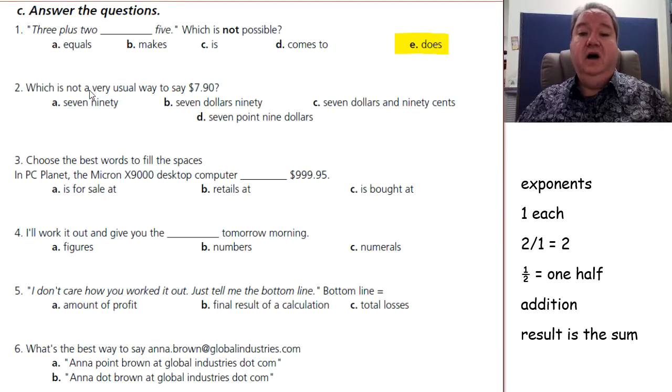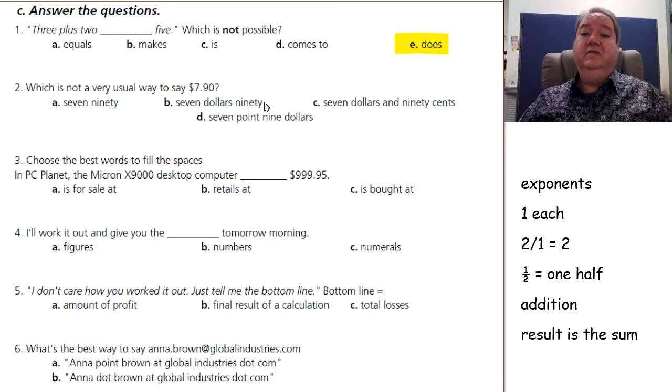Which one is not, emphasis on the not here, a very usual way to say this? Which is not a usual way, a normal way. Okay? 790. If we're talking about money and dollars here, 790 means $7.90. That's exactly what it means. Okay? So $7.90, $7.90, those are both acceptable.